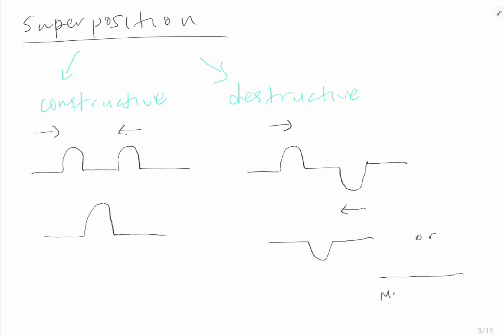So no pulse or a smaller pulse. Say this is A1 and this one is A2. Let's say A1 is bigger than A2, so you can subtract A2 from A1, which will give us A3, and this one would be less than A1 plus A2.